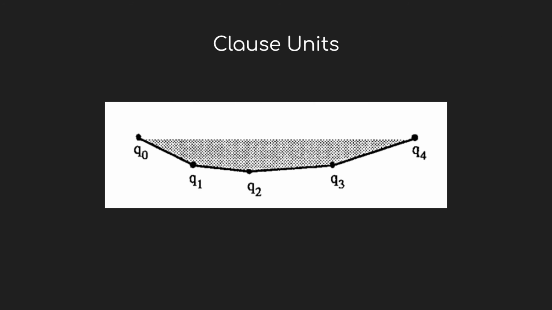And the last component is called the clause unit. The clause unit represents each of the clauses. So each clause has 3 literals in it, and it needs one of them to be true to be satisfied. Previously in the literal units, each of those little bumps represented one of the clauses.